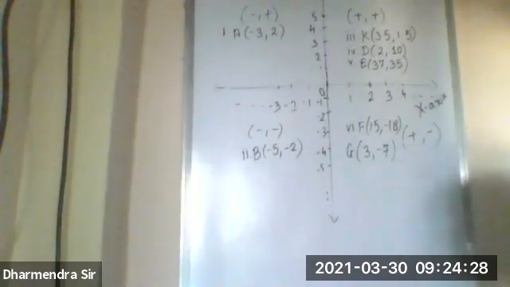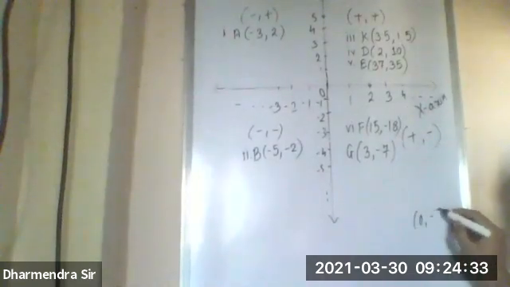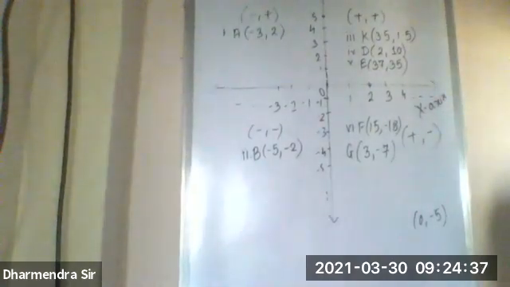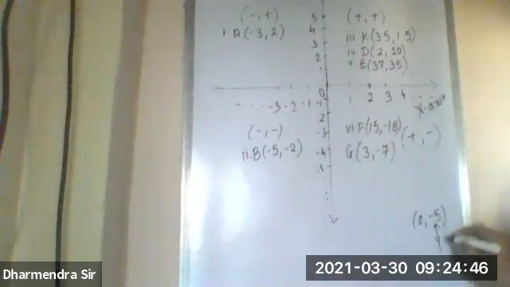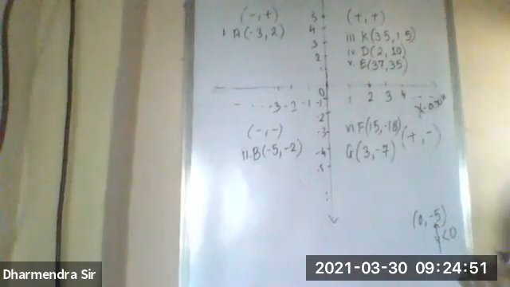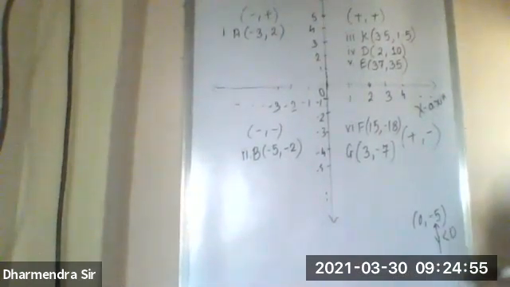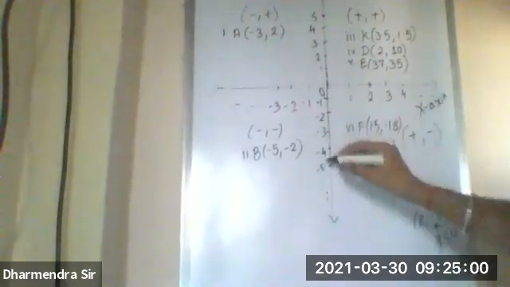Next, 0, minus 5. By observation, what can you conclude? Which is 0? X is 0. So it will lie on the y-axis. Correct? Minus 5 is the value of y, which is less than 0. Minus 5 is less than 0. Yes or no? Yes. Okay. So minus 5 is less than 0, meaning the negative part, below the x-axis. So here.